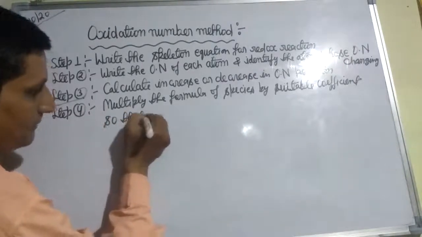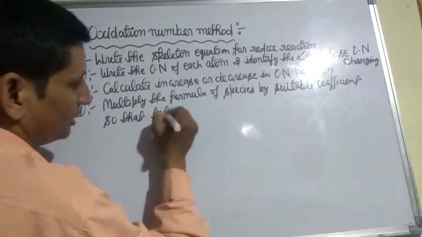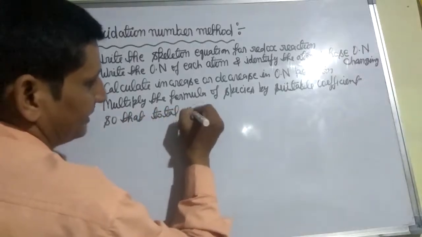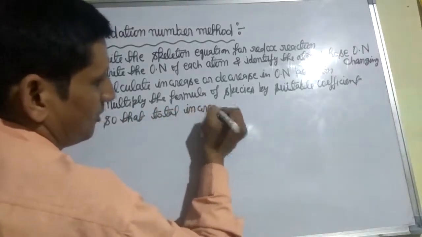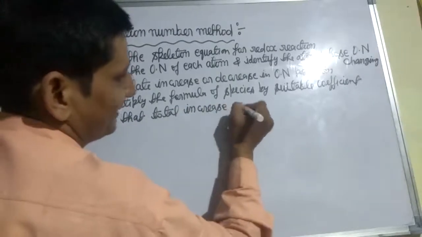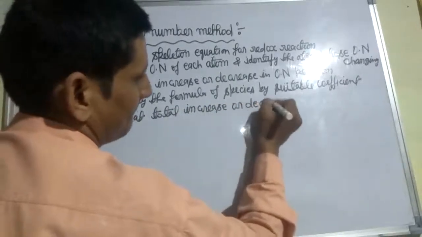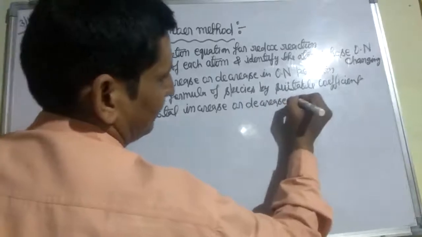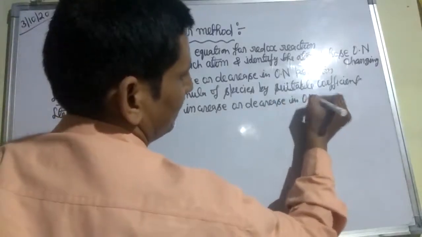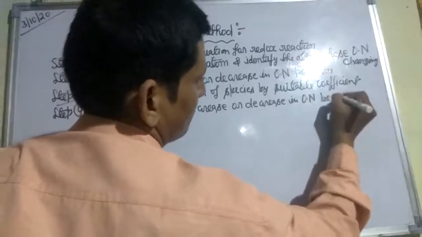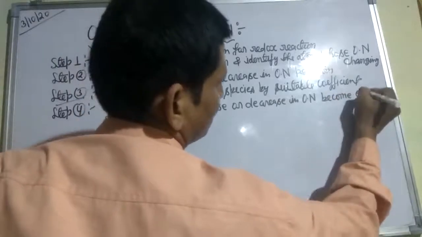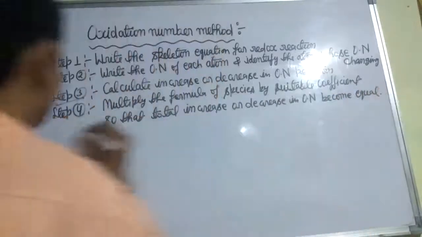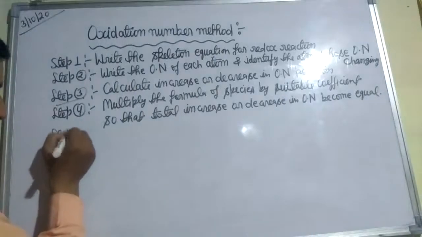So that total increase or decrease in oxidation number become equal. That is step 4.